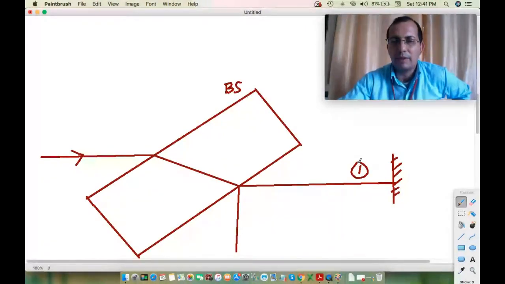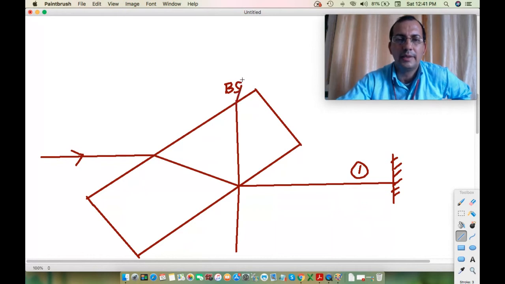Now about the second ray of light. The second one is reflected from here, and then it will go to this point. Let's say that here you have a mirror, and here you have a second mirror.